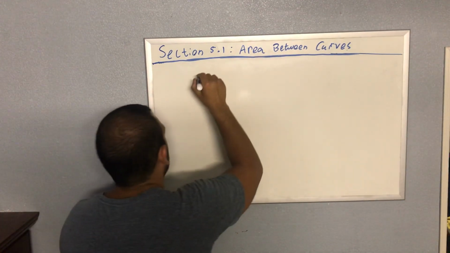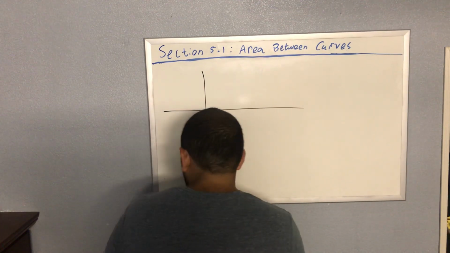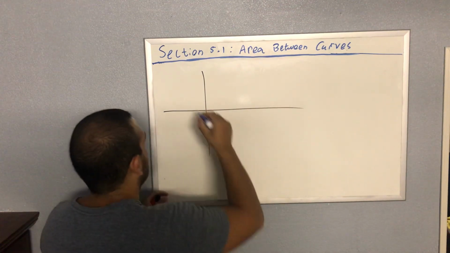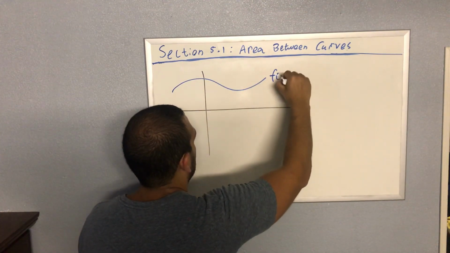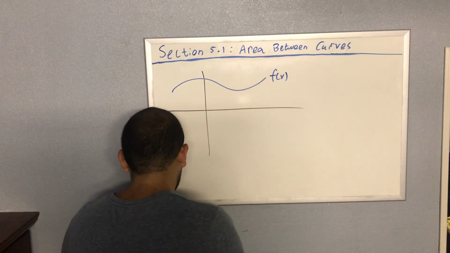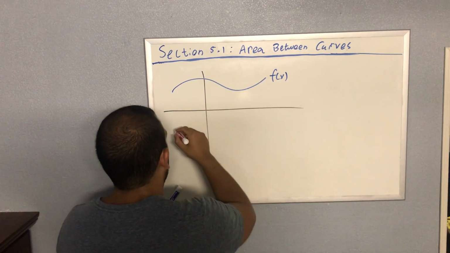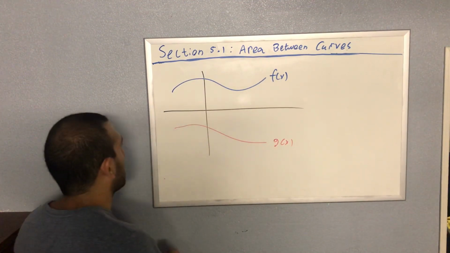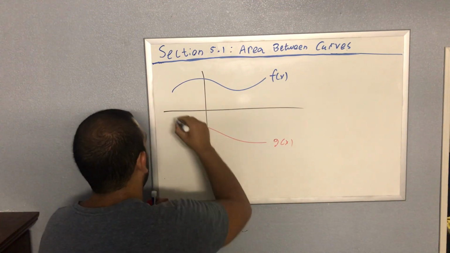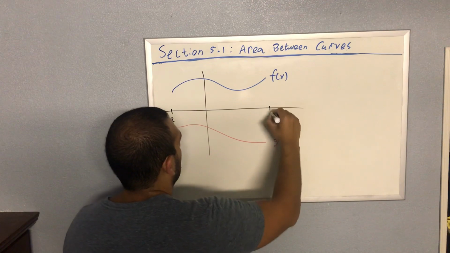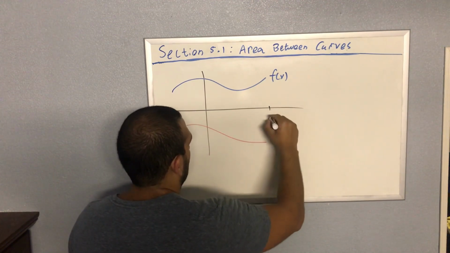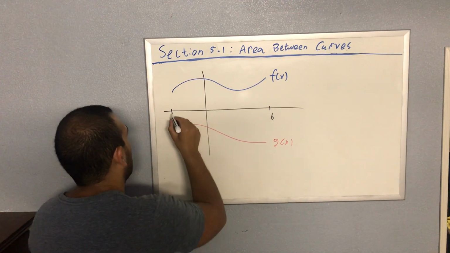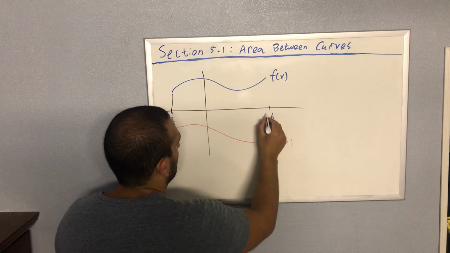So say we have a function, and then not just one function, we have two functions. We have one function, f of x, and then another function, g of x. We're considering them both on the interval a to b. Say that we want to find the area between these two functions from a to b.